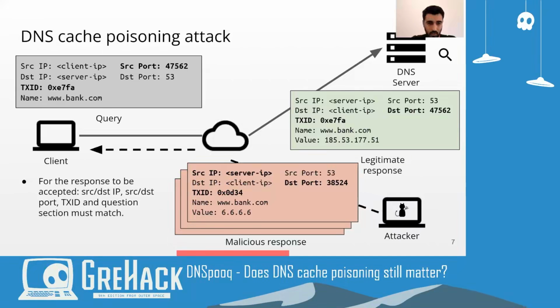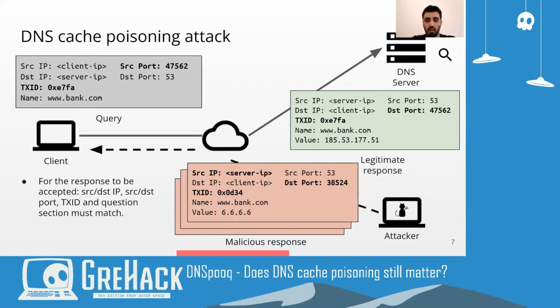Out of these fields that the attacker needs to match, it doesn't know the transaction ID because it does not observe the query. And further, it doesn't know the source port, again, because it does not observe the query. And because these are random, the attacker has no choice but to guess the port and the transaction ID.